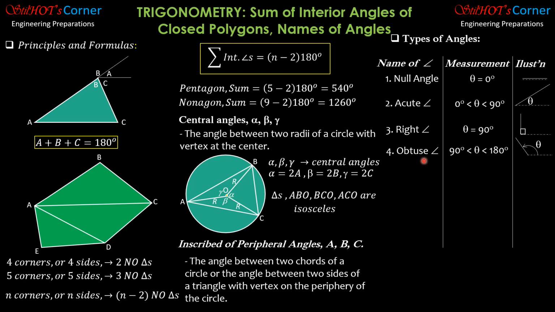Greater than this but less than one full angle is the reflex angle. Straight angle next: when the measurement is exactly 180 degrees, just like the sum of the interior angles of a triangle. So 180 degrees, it's just a straight line. That's the initial side, and the terminal side should be on the other side.